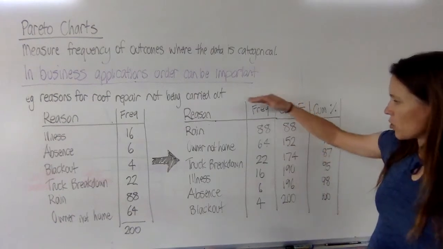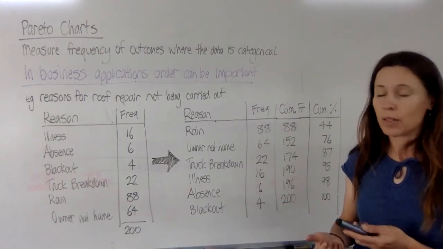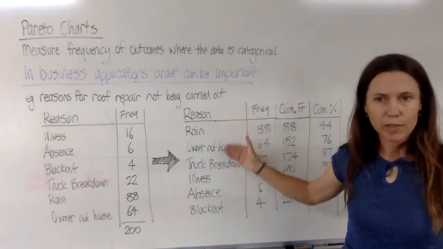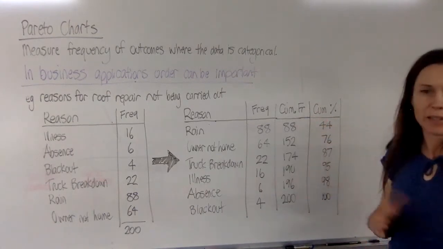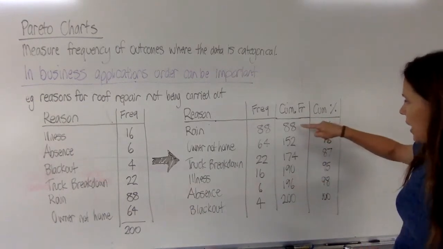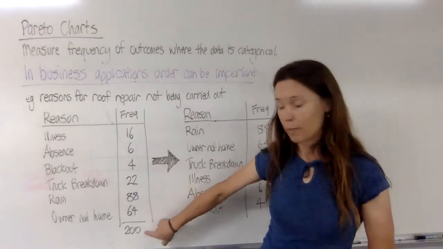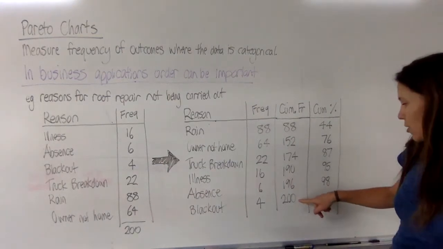Now, once you've listed them in an order that actually makes sense for a specific reason, i.e. you're wanting to fix a business, so you want to look at the biggest problems first, now a cumulative frequency chart does make some sense. Because as we add up the cumulative frequency here, and you'll notice that we have 200 complaints, so altogether by the time we get to the end, you can check that you should be at 200.